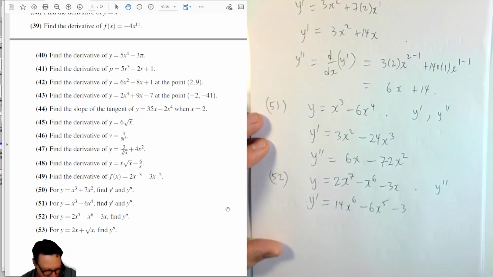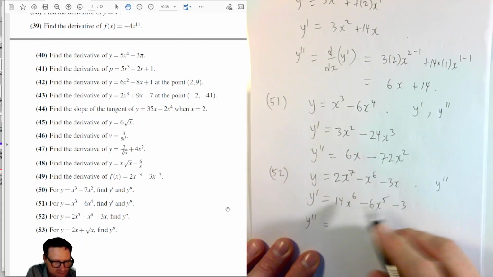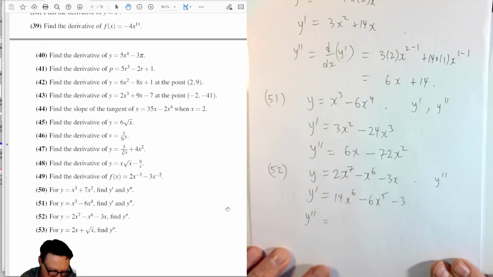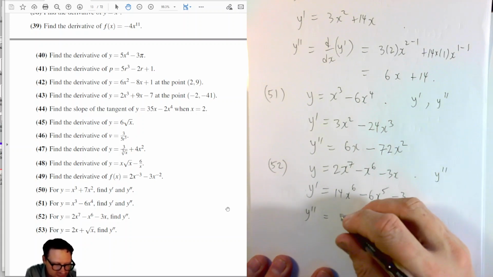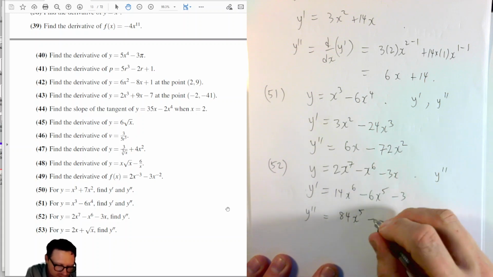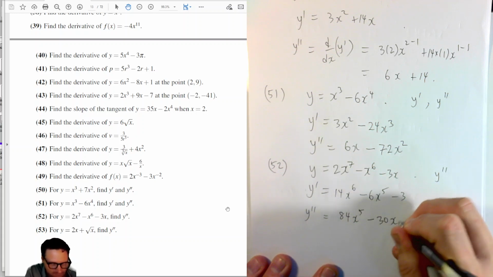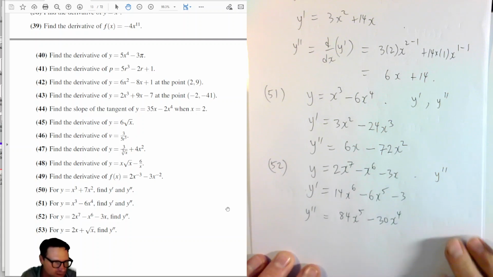There's our first derivative. And now we need to differentiate this again. So 6 times 14 is 84, x to the power of 5. 6 times 5 is 30, we have x to the power of 4, and the minus 3 goes to 0 when we differentiate.